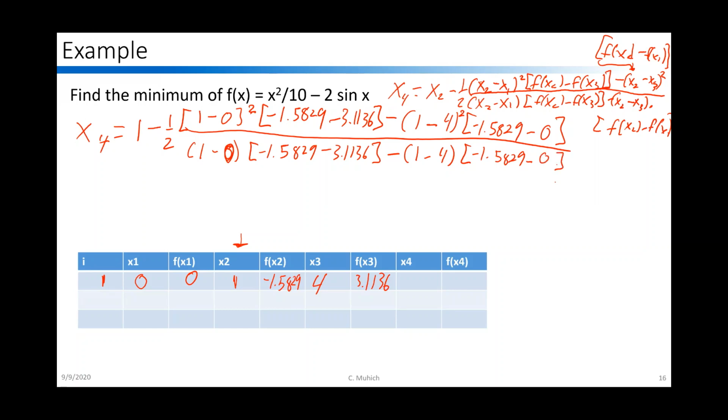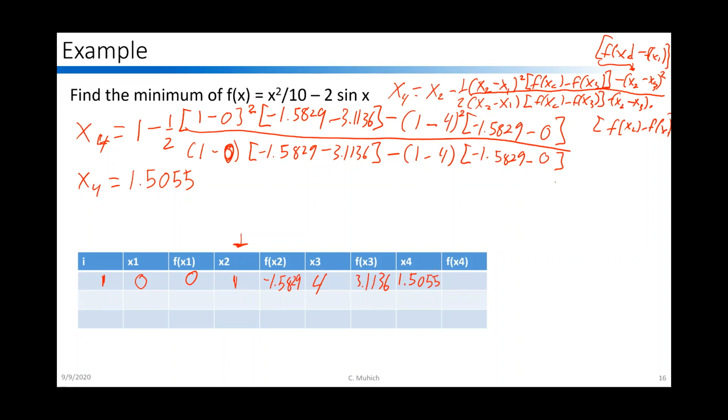Okay. So all I've done is take the equation in the upper right-hand side and plug it in down here, with x4 equaling 1.5055. So I can put that in my table now.